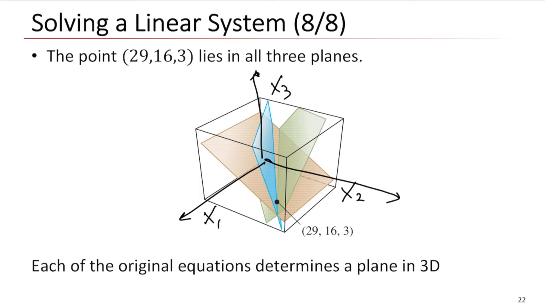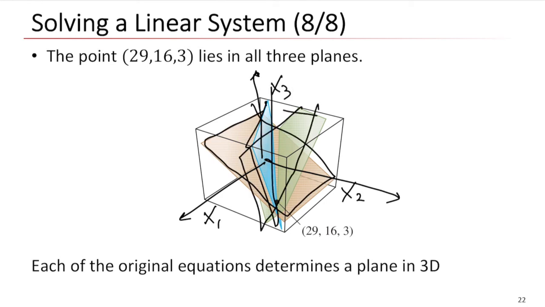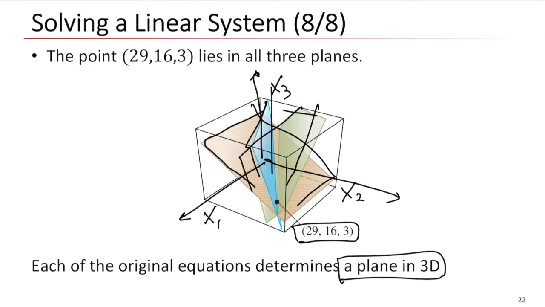Then each equation can be represented as a surface like this, and the solution is the intersection of these planes. So if we draw these surfaces, we can find the solution like this, right? Each original equation determines a plane in the 3D domain. So this is the solution of this linear system.